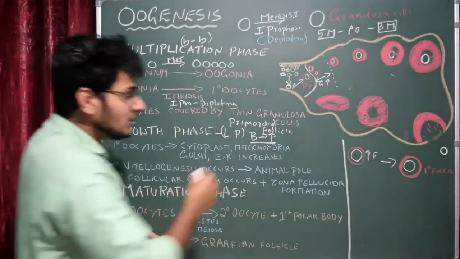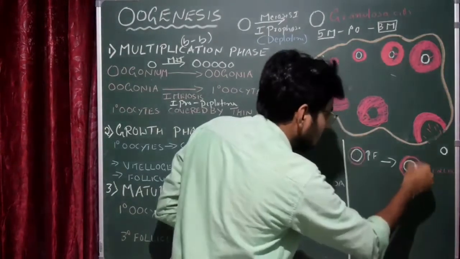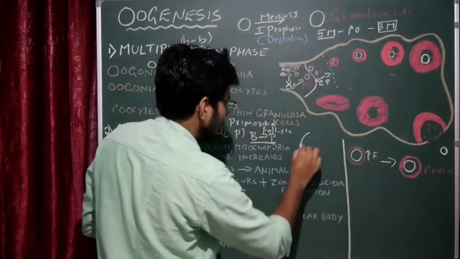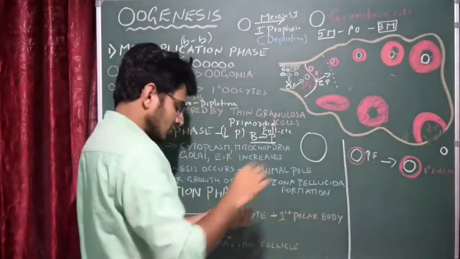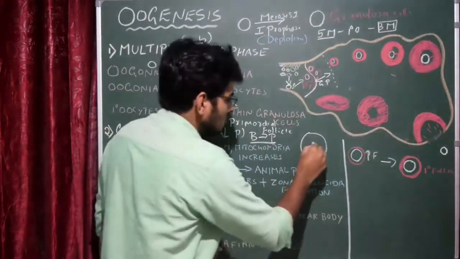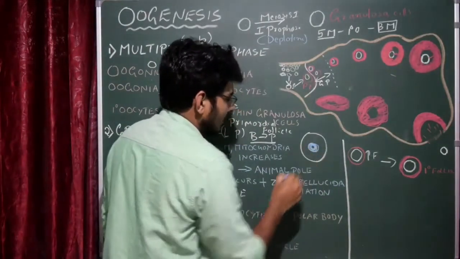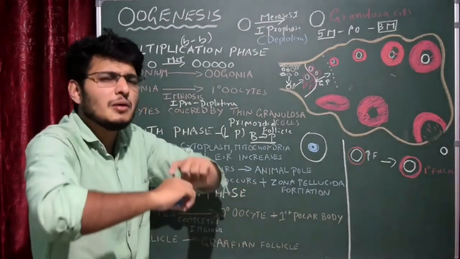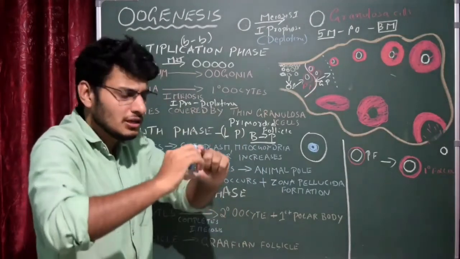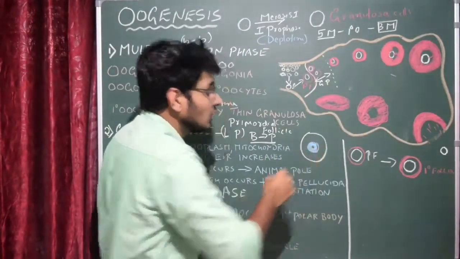Within this primary oocyte, what happened actually? If I draw here, this is the oocyte, forget about the red layer, that is the follicle, granulosa cells. The nucleus is here. Inside the nucleus there is nucleoplasm that grows, so the nucleus becomes a bit big because of nucleolus growth.